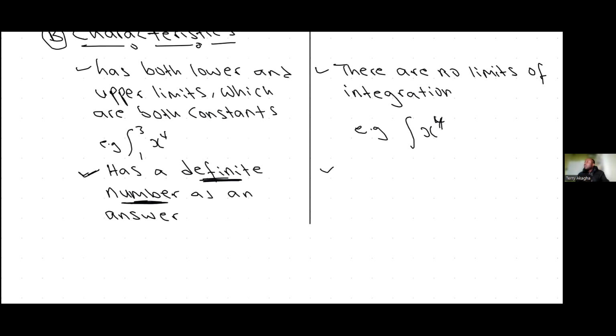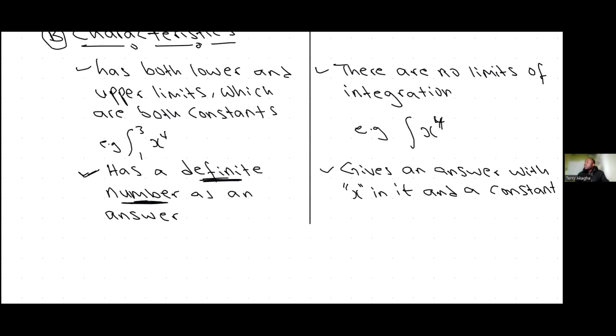So it gives an answer with x in it, and the constant is usually denoted as c.